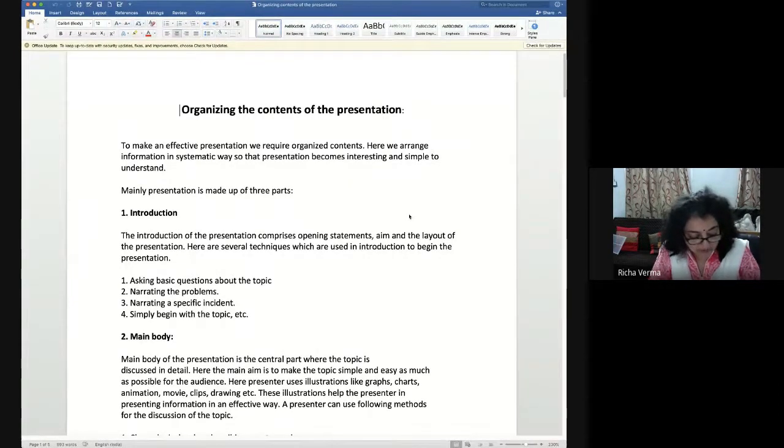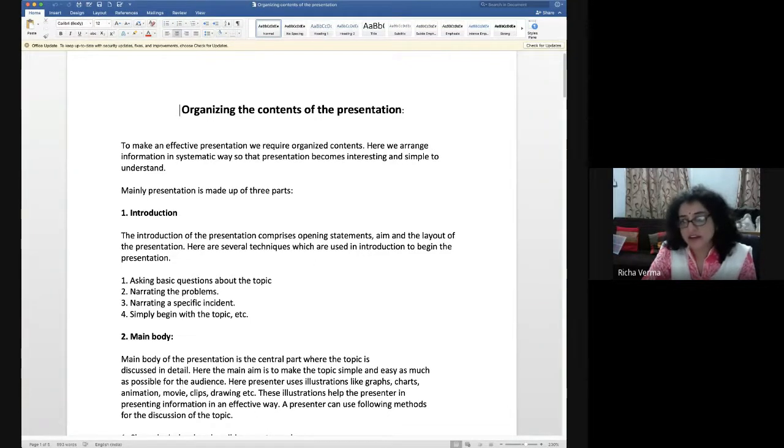So now we will come to the next topic, which is organizing content, preparing an outline, and some more related topics. Today we will start with organizing the contents of a presentation, that is, when you are giving a presentation, how you have to organize it in such a way that it becomes more attractive and properly done.